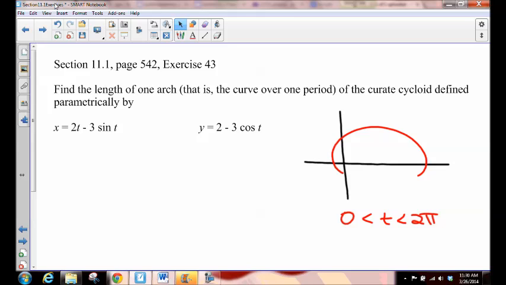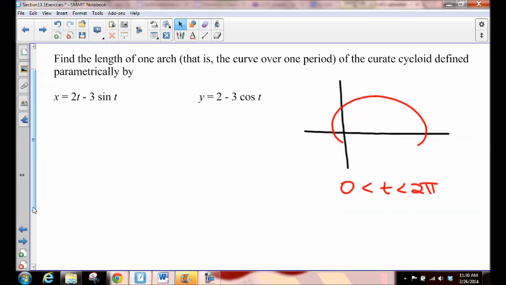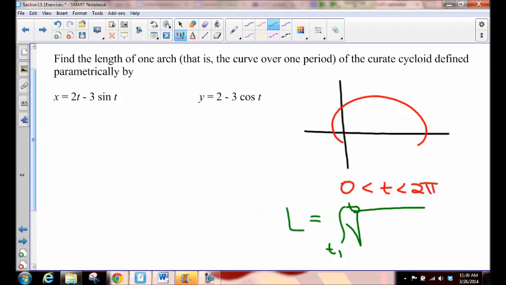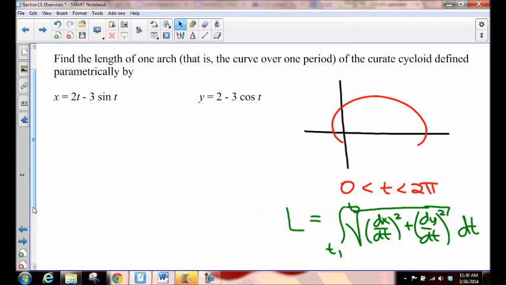Now, we were told in this section that we can rewrite the length of curve equation for a function defined parametrically as L is equal to the integral from t1 to t2 of the square root of dx dt squared plus dy dt squared, and that whole thing is times dt.